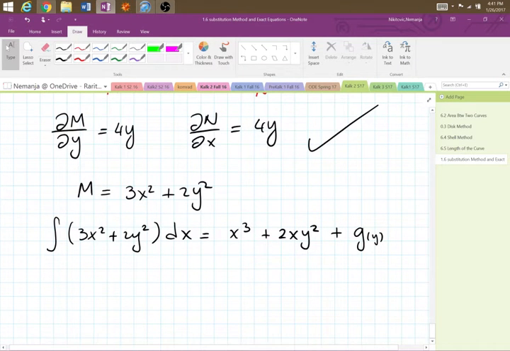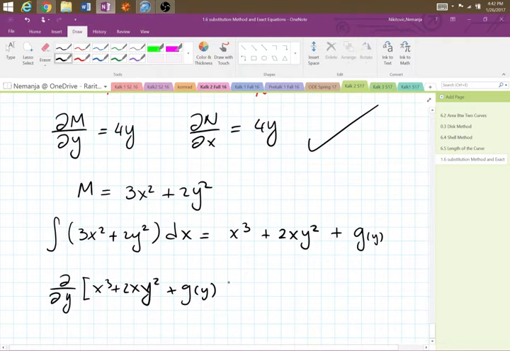Now technically, this is already somewhat a solution to your differential equation. But you can do better because you can determine g of y. The way you do this is you take the partial derivative with respect to y, and you set it equal to the n from your equation. So you take the partial derivative of x cubed plus 2xy squared plus g of y with respect to y, and you set that equal to n.